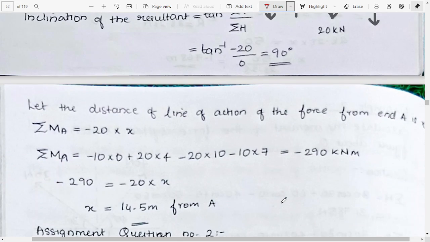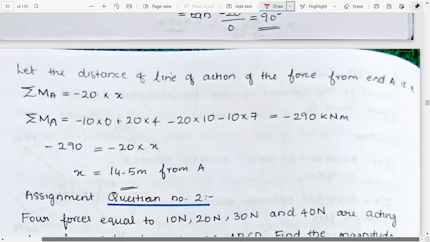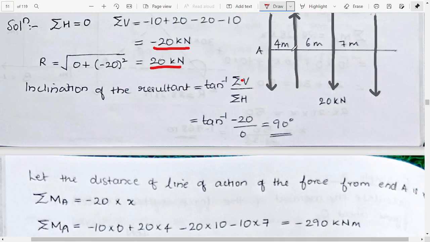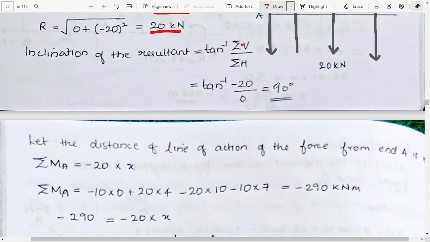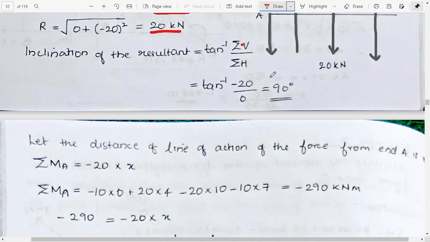Now let the distance of the line of action of the resultant from A be x. So from point A, it is x.